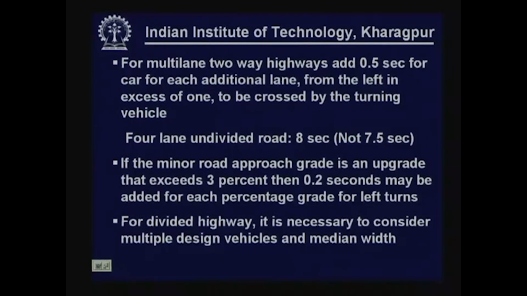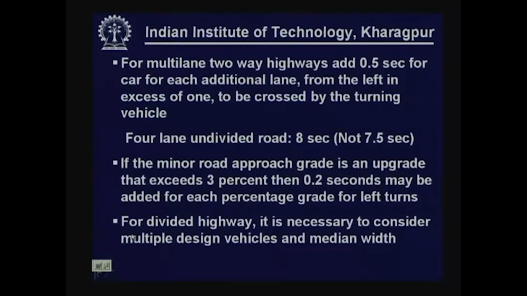How much additional time is to be added will depend on the vehicle type. Say for a car here, it is 0.5 second. For a commercial vehicle, the value is different. Now, 0.5 second should be added for each additional lane from the left in excess of 1 to be crossed by the turning vehicle. So, for a 4-lane undivided road, the vehicle has to cross two lanes from the left instead of 1. So, it is not 7.5, rather 0.5 into 2. So, 1 more second is to be added.